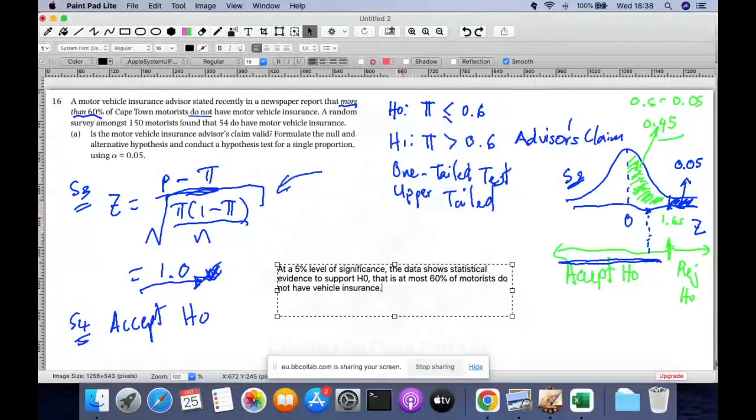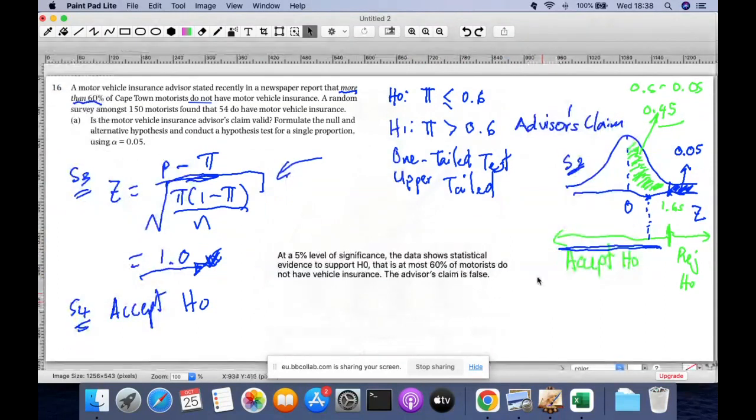And remember, because we're in favor of accepting H0, the advisor's claim is actually H1. So that means it disproves the advisor's claim. So we can say the advisor's claim is false.